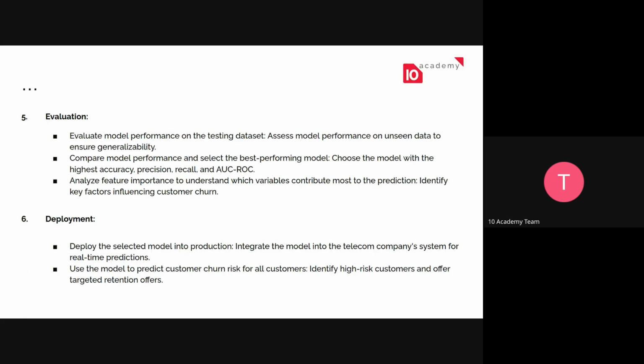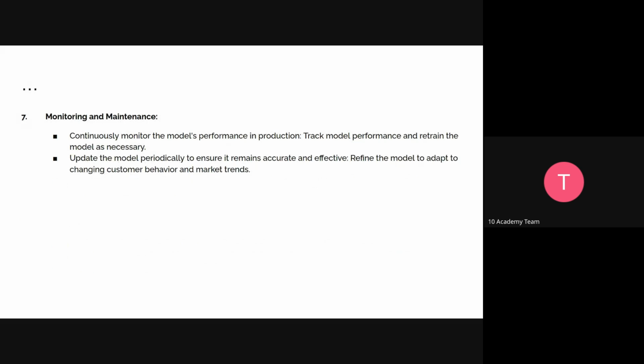offer targeted retention offers. And then the monitoring part will be, since data is a sensitive thing, through time there are going to be different factors affecting our data: the demographic factor, the country, economic factor, different factors.